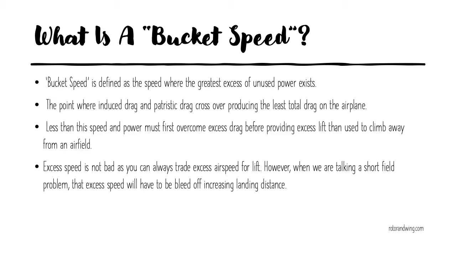Best single engine airspeed, or bucket speed, is a point where the induced drag and parasitic drag cross over. And this is where they produce the least amount of total drag on the aircraft. So induced drag is the aerodynamic drag caused on an airfoil or a wing or a helicopter blade, which is caused by lift.